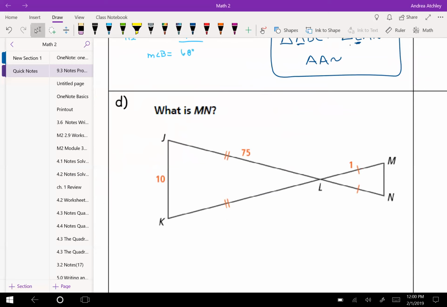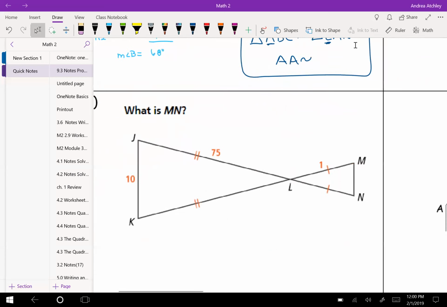What is MN? Okay. We can prove that these are similar because they have two sides that are proportional to each other. Because they both are 75 over 1. This is also 75, and this is also 1, because those are congruency marks, right? So this is congruent to this, and this is congruent to this. We have 75 over 1 and 75 over 1.